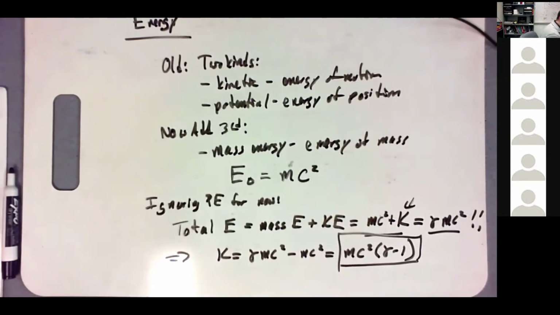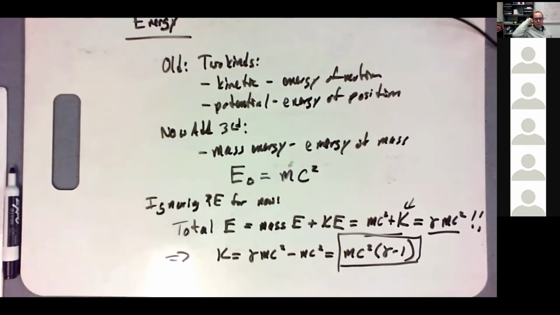So we need to make sure that this has the right limit. In other words, in the limit of small beta, this has to be 1/2 mv squared, right? It's not clear that that's going to be the case here.